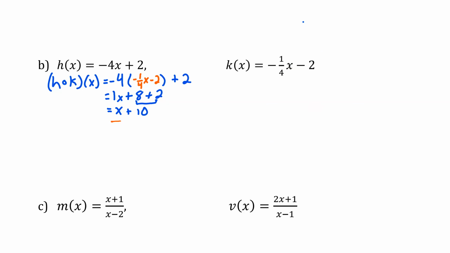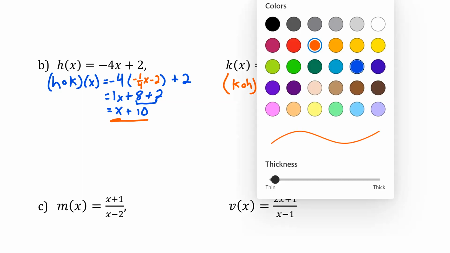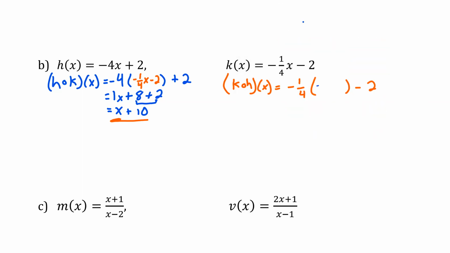So since this already doesn't equal just an x, I technically already know that this is not going to be inverses of each other because I don't have it just equaling an x. But let's go ahead and do the k of h just to be on the safe side. So I'll have a -1/4 minus a 2, and in place of that x, I'm going to put a -4x plus 2.